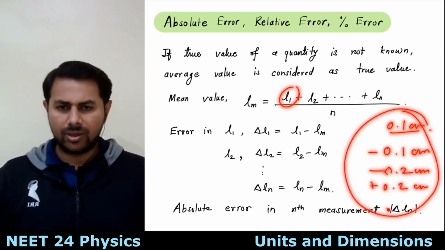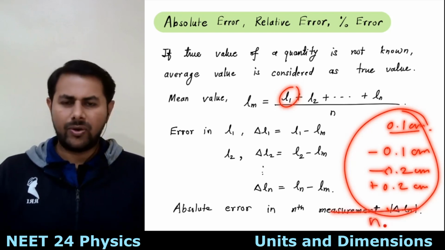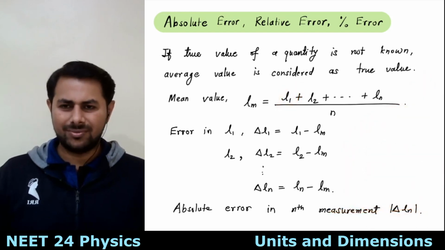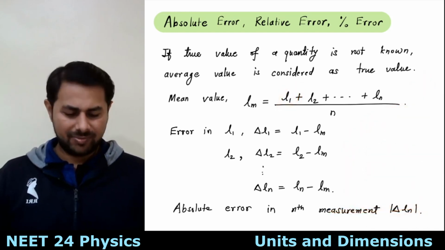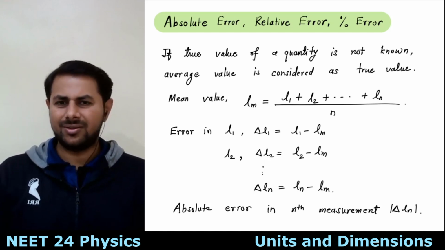If you add it up and divide by n, what will happen? There are chances that it will come out to be equal to 0, right?